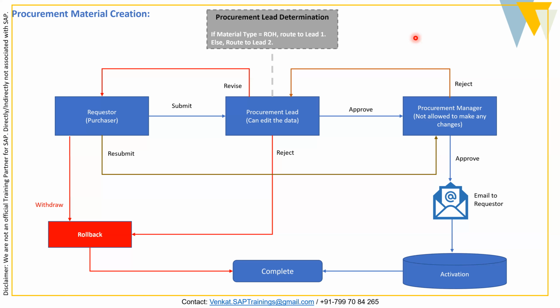By any chance, if the CR is not worth enough, I can send for a rollback at the level of requester and procurement lead. If everything goes well, then it will be a successful background step. I can go for an activation.